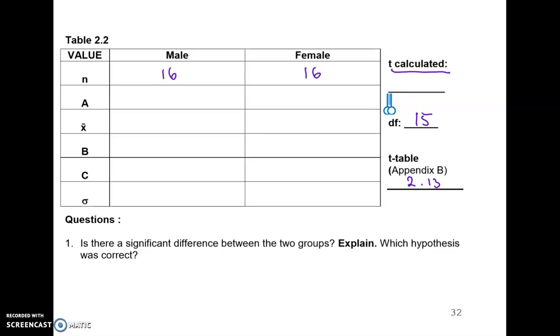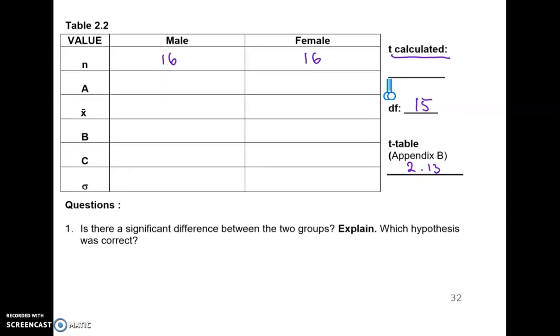If the T is larger than the cutoff value, then there is a significant difference between male and female height. If your calculated T is smaller than the cutoff of 2.13, then there is no significant difference between the height of males and females in the samples that we have.